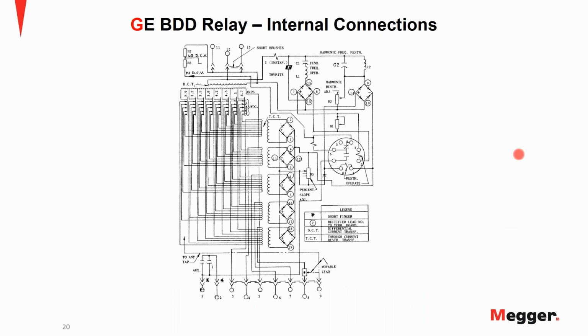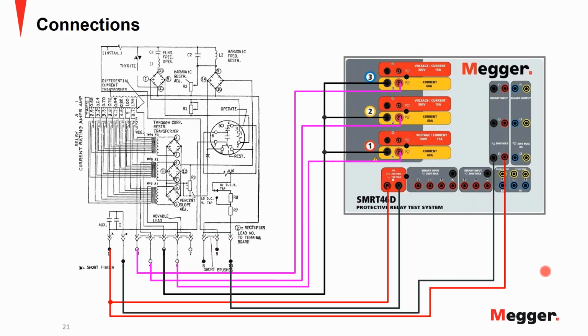The GE BDD relay, here is the diagram for the actual relay. It comes out of the manufacturer's IL, and this is what we're going to use to connect to. And here I am using the SMRT 46D unit. I'll let you guys sit on this for a minute. We are coming in with each individual winding.